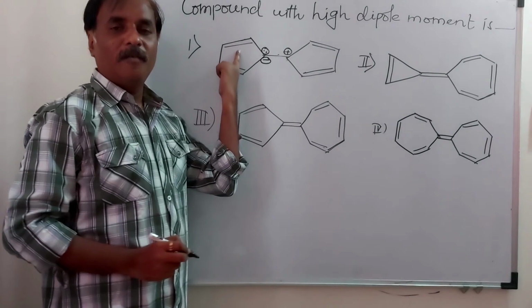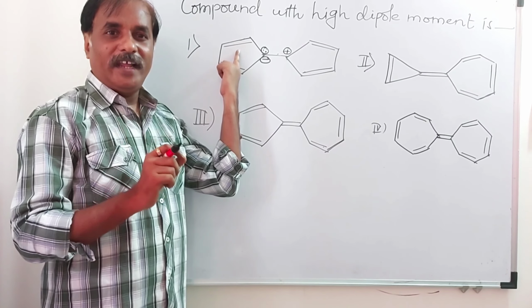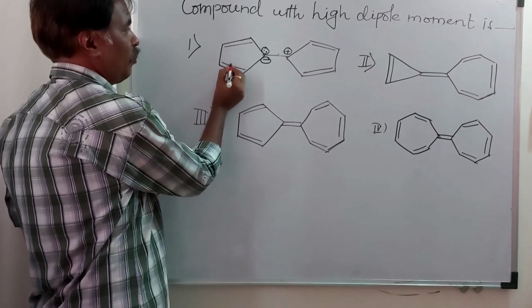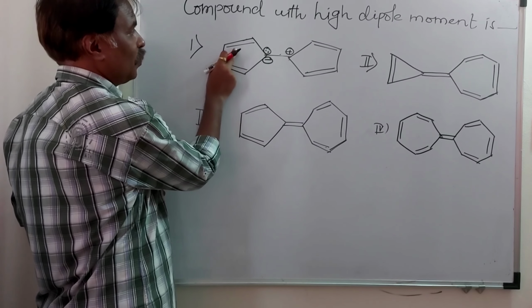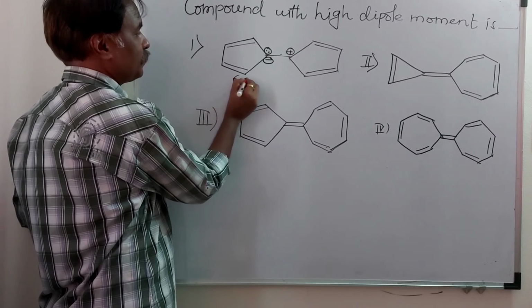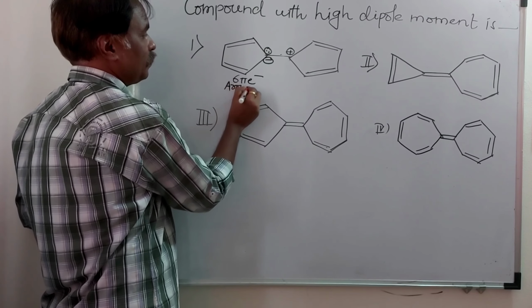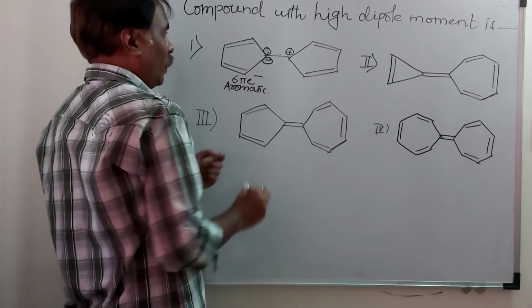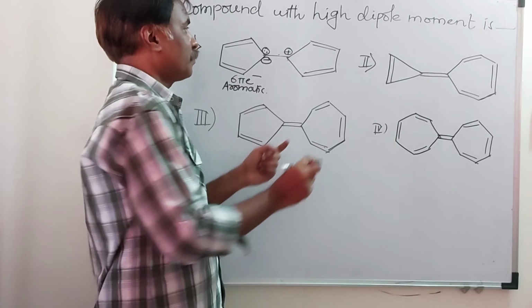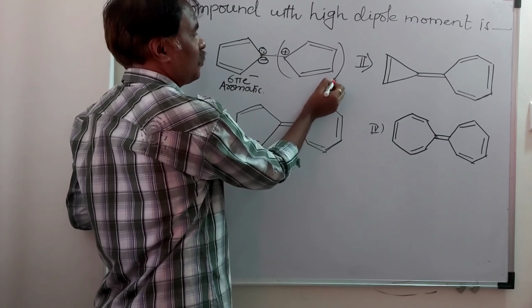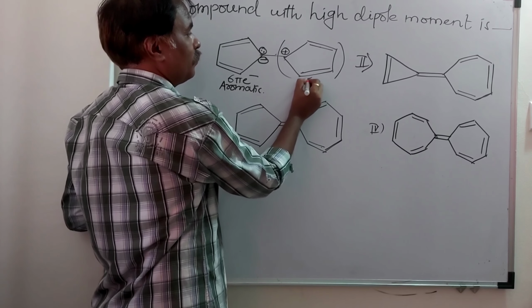Now take ring number 1. Whether aromatic or anti-aromatic, the total number of pi electrons is what? 2 plus 2, 4 plus 2, 6. And ring number 1 is aromatic. What is ring number 2? Total number of pi electrons: 2 plus 2, 4.